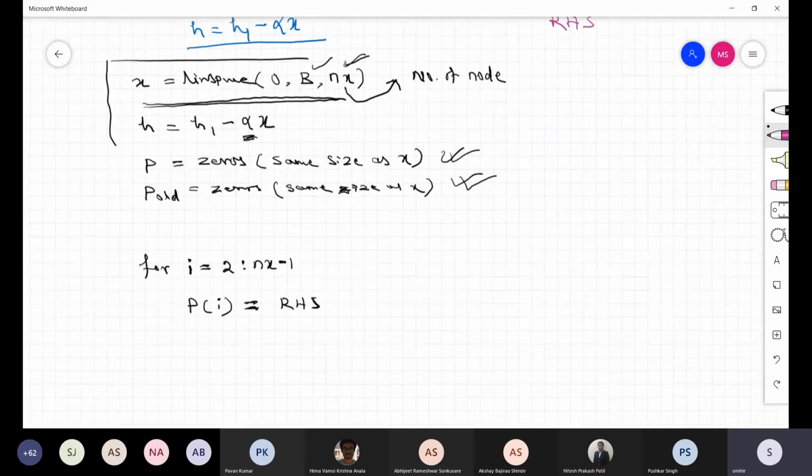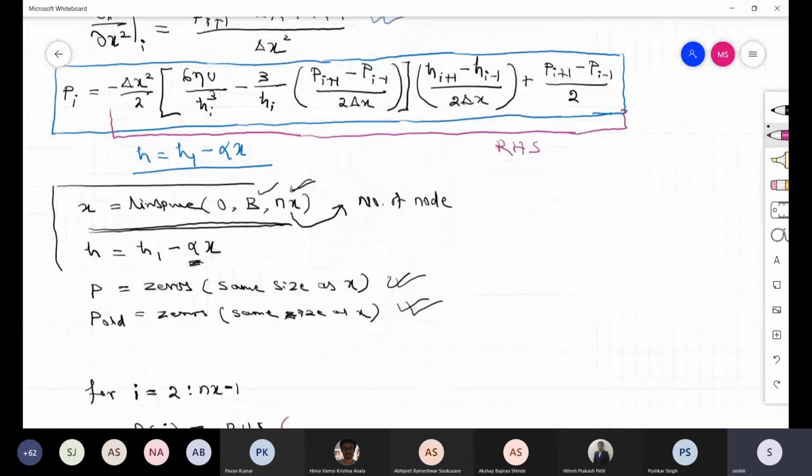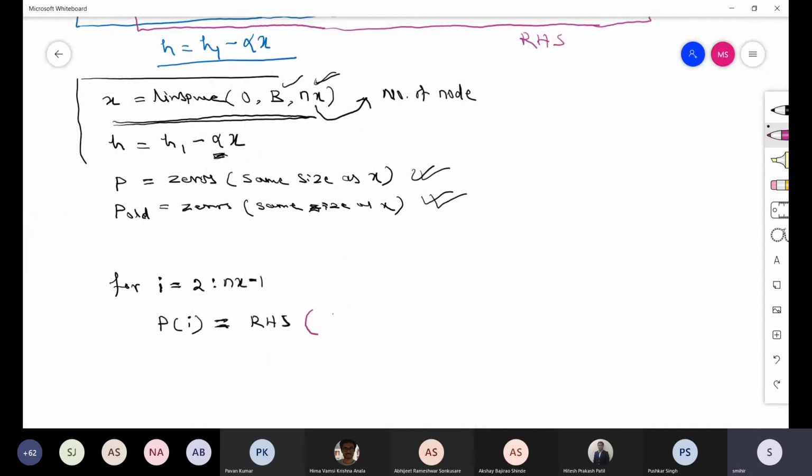But when you write the RHS of the expression, you do not write P here on the RHS side, you write P old. Okay. P old of I, or if you are using I plus 1, not I, it will be I plus 1, I minus 1.